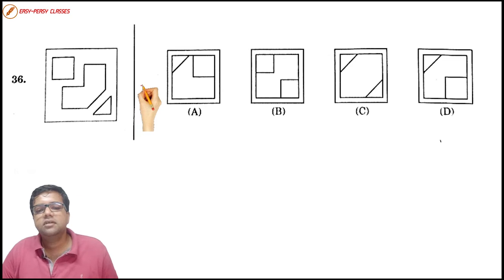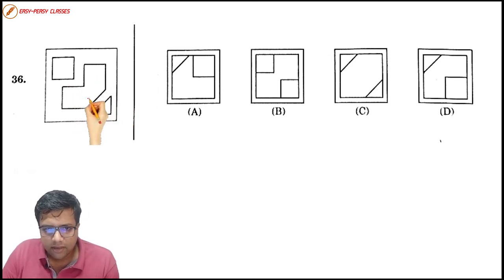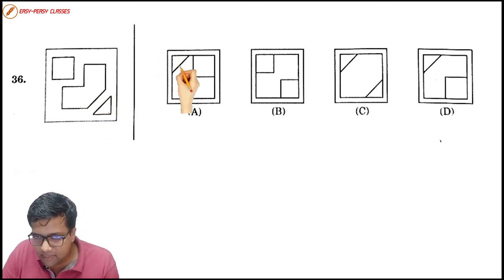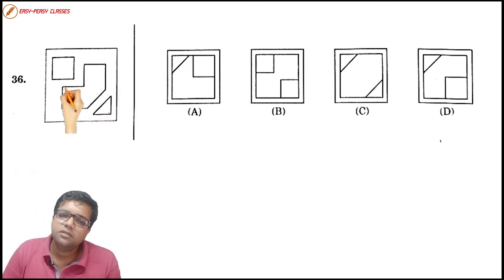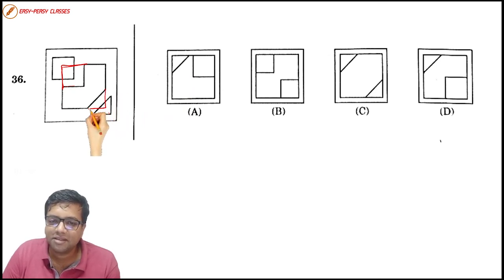Question number 36, we have a square and we have another geometrical figure, a triangle. I think they have attached it all together. So that means there is a square which would come over here if they attach it properly, and there would be a triangle like this. I'm sorry, I'm very bad with diagrams.